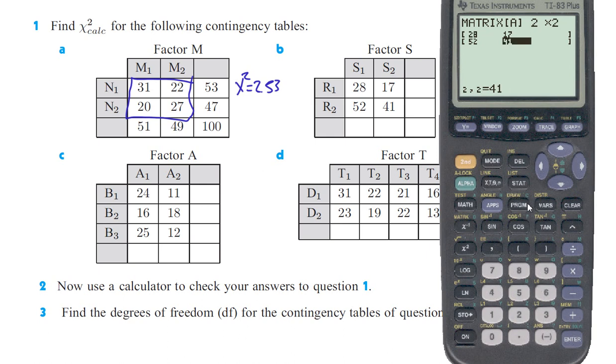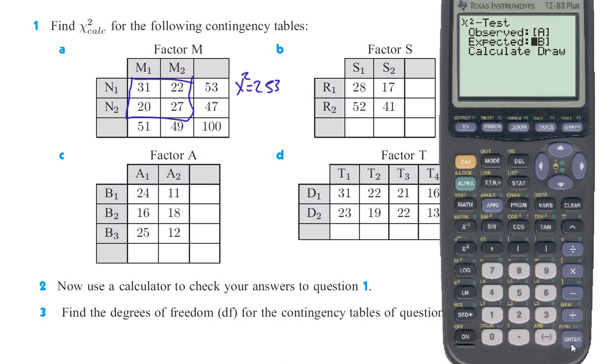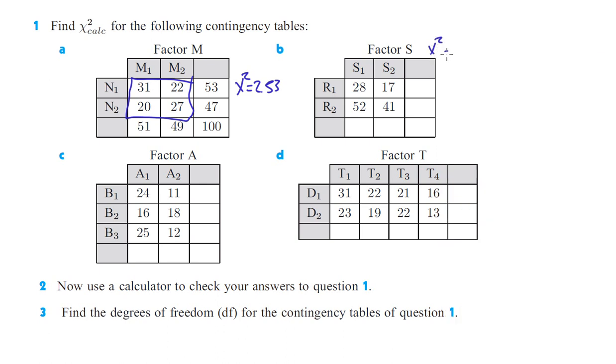Go back into stat, under chi-squared test. So there's our chi-squared test. Go down to calculate, and we got 0.495, so let's go with 0.5. So chi-squared equals 0.50.